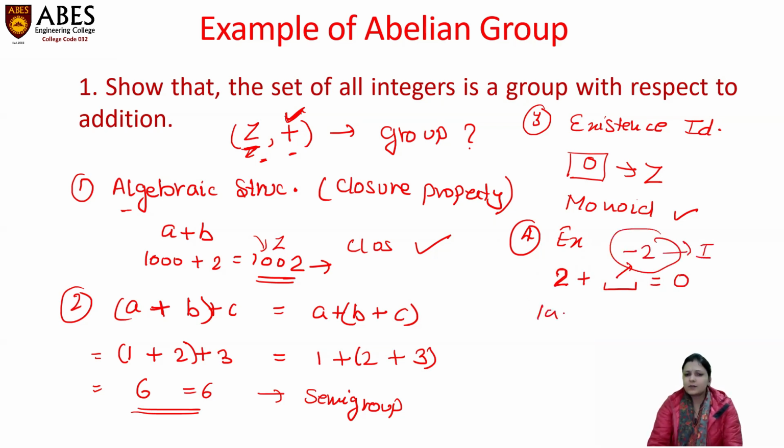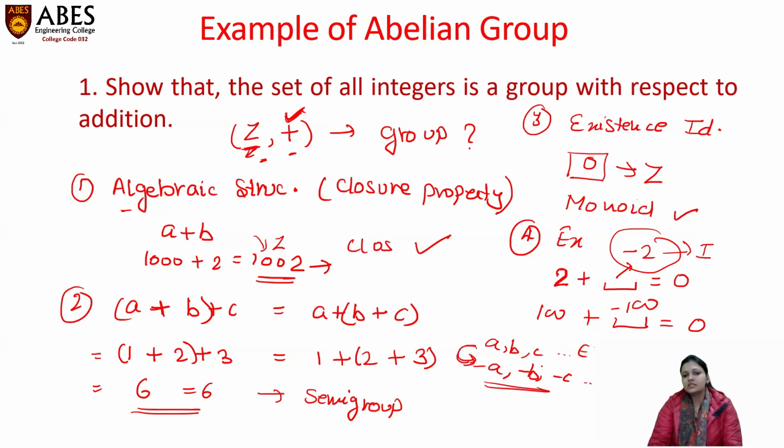I can take any other example, 100. What should I add to 100 so that I can get identity element? It is always -100. This -2, -100, these all are integers. So if we take any integer a, b, c, then -a, -b, -c will always be integers, and these are the inverses of these values.